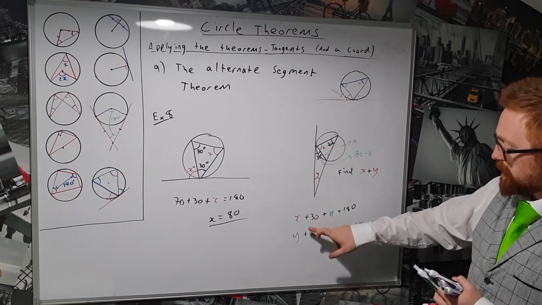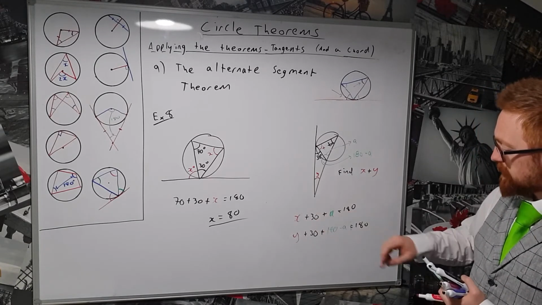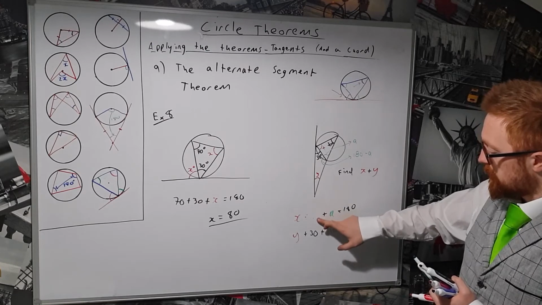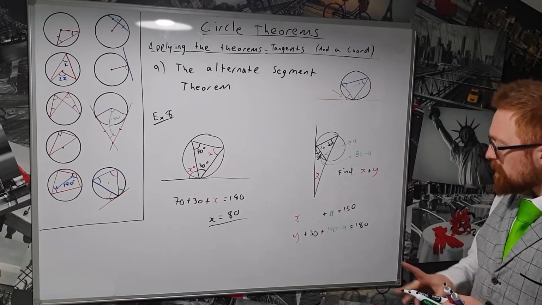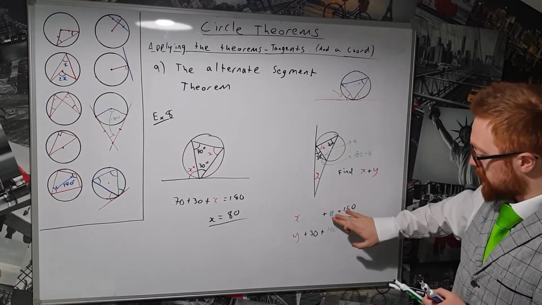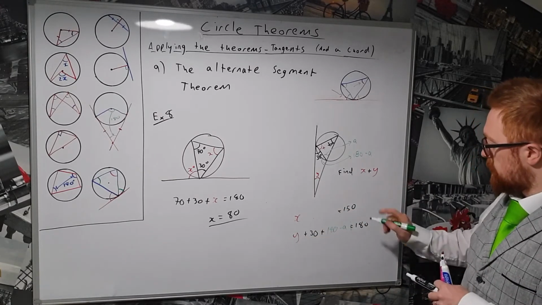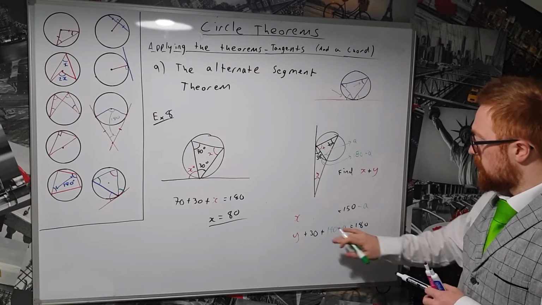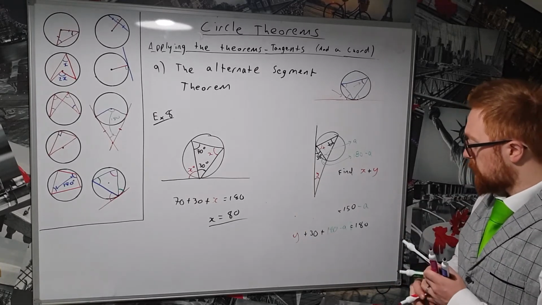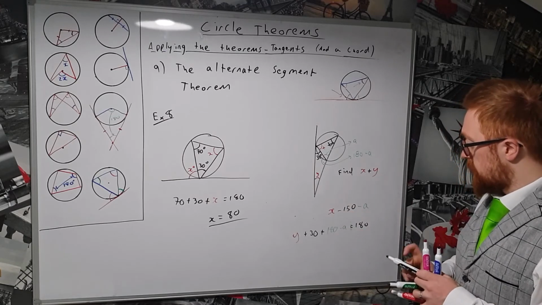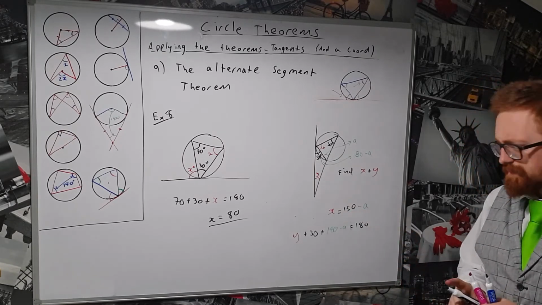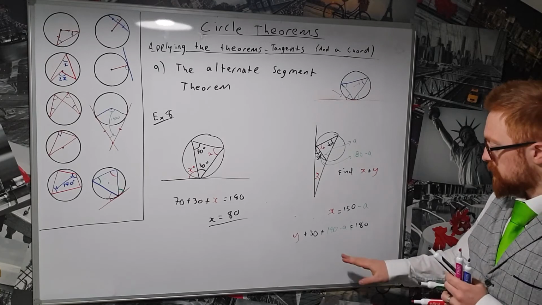So looking at this top equation, if I subtract 30 from both sides, I get 150. And then if I subtract A from both sides, it turns into 150 minus A. So that top equation turns into x is 150 take away A. I'm doing a similar trick with this bottom equation.